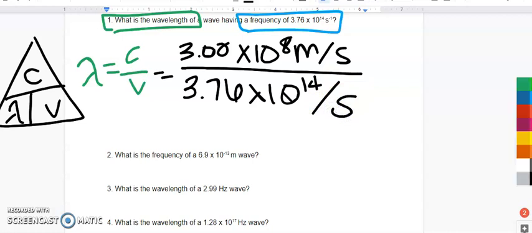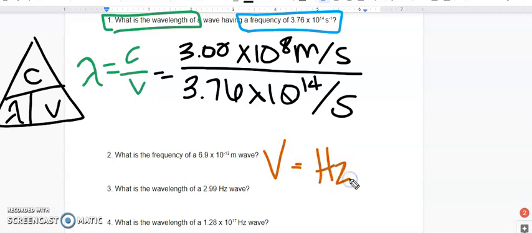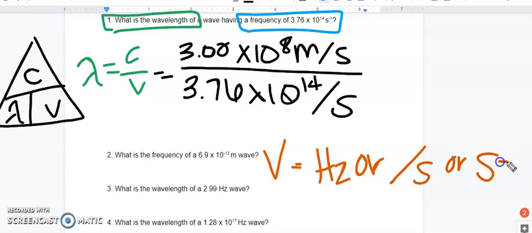Now, just a second, real quick, and in my class I talk about this a lot. This is a little confusing when you talk about frequency. The unit of measure for frequency is hertz, or it can be per second, or it can be second to the -1. I need you to understand that all of these things are referring to the same thing.